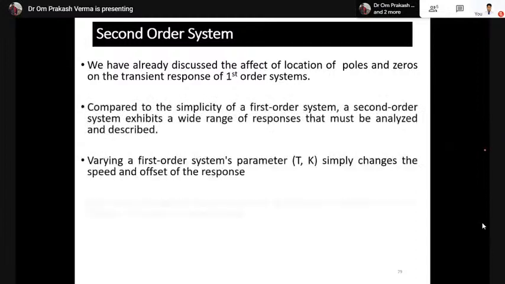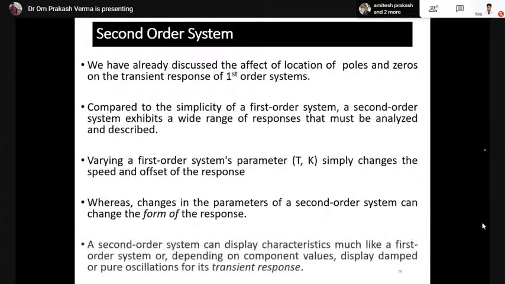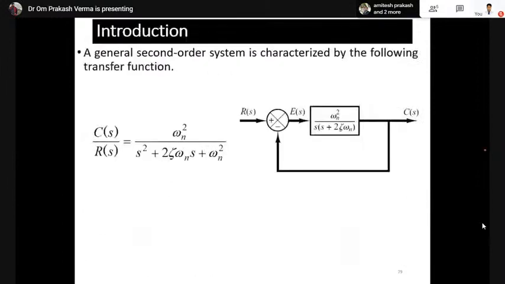So when you see the basic transfer function, it is taken like this one. This is the gain of the process, and we have taken the unity feedback.